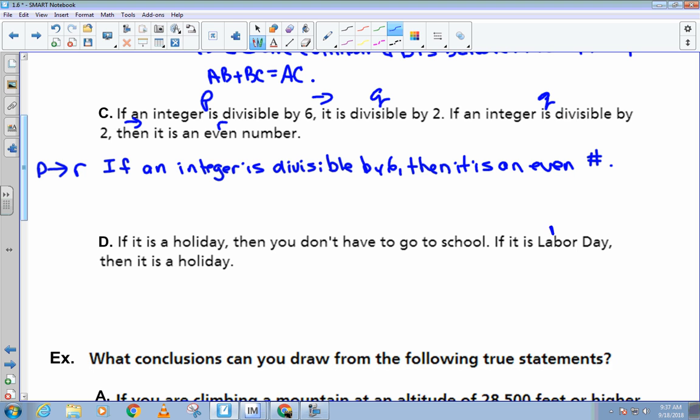But if I look at this as my P and this as my Q, see how they repeat, it is a holiday, if Q, then R, then it would marry together. Do you see how it would work that way? So if it is Labor Day, then it is a holiday. If it is a holiday, then you don't have to go to school. So what would be my if P, then R? If it's Labor Day, then you don't have to go to school.